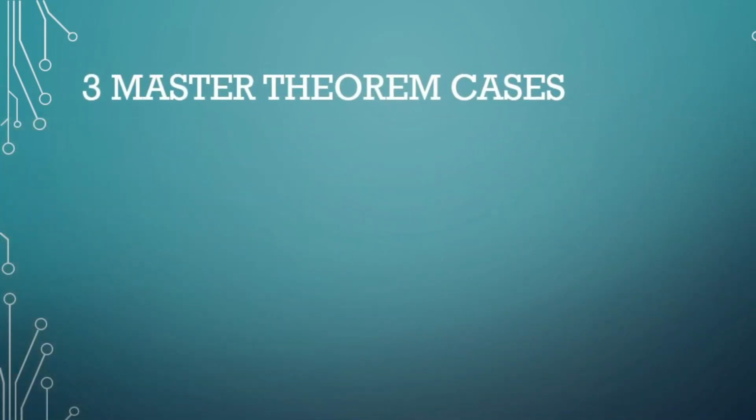So when we're working with master theorem, we need to have three cases in mind. We've already seen the general recurrence relation for the master theorem, T(n) = aT(n/b) + f(n), and we've gotten to understand what these terms stand for.